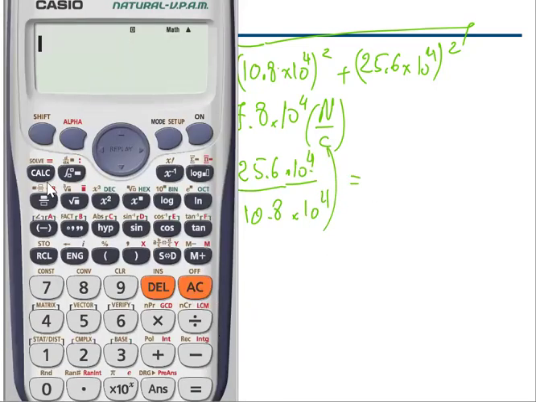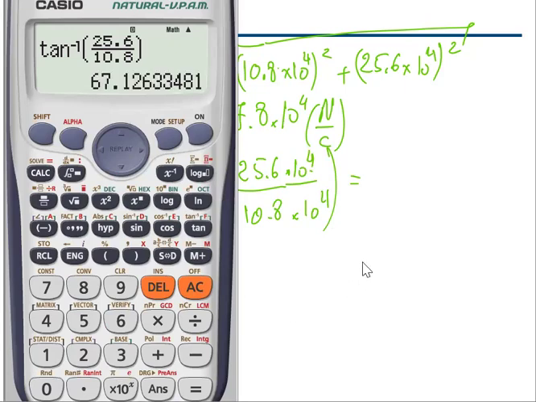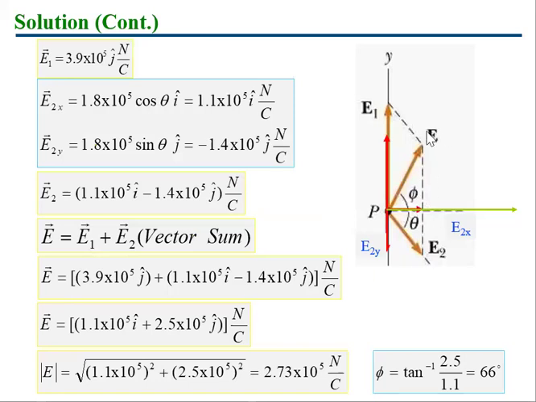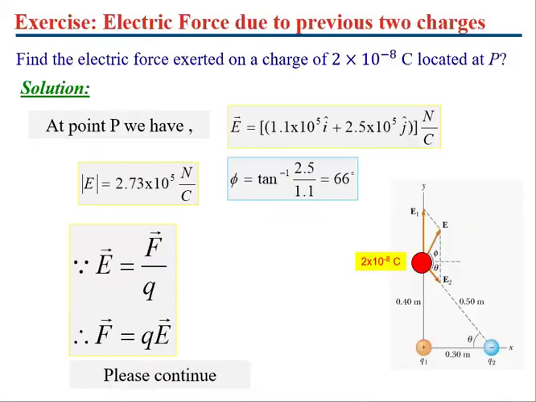So our result is tan inverse of 25.6 divided by 10.8, which is 67.1 degrees. Should we add 180 or 360? No, because our total vector is in the first quadrant. Very good, so we are done with this example.